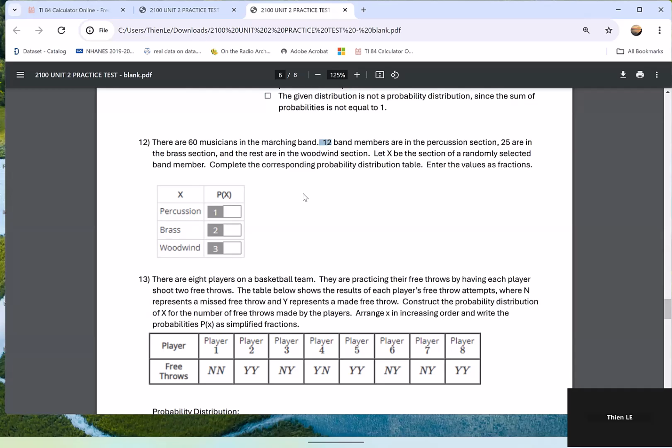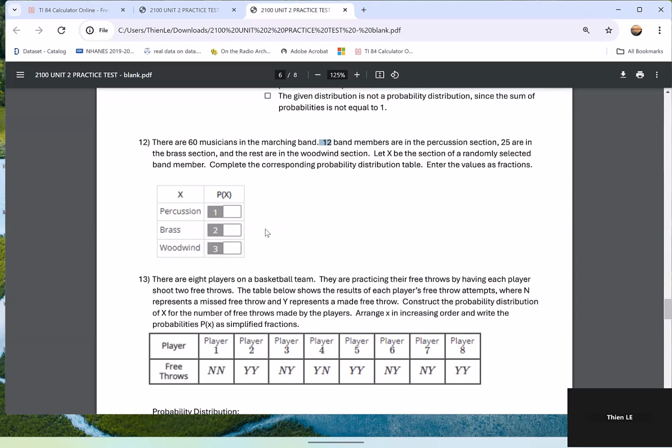For the brass section, you have 25 out of 60. You can also plug it into your calculator to get the decimal number. For the woodwind, you have the rest: 60 subtract 12 subtract 25 gives 23.